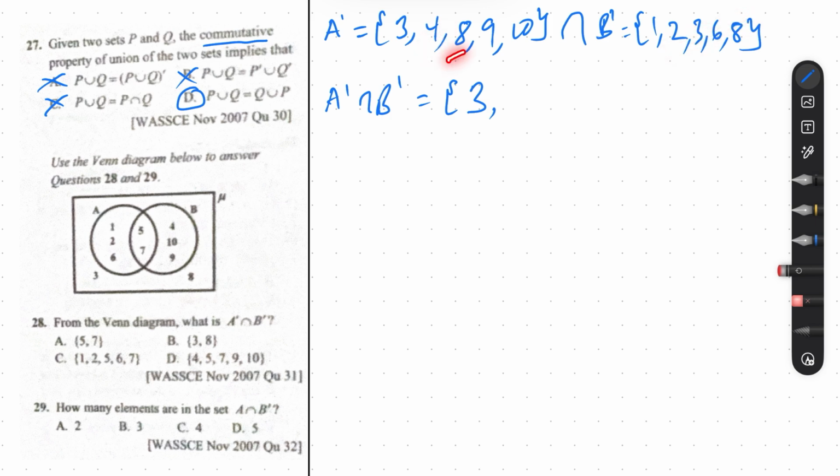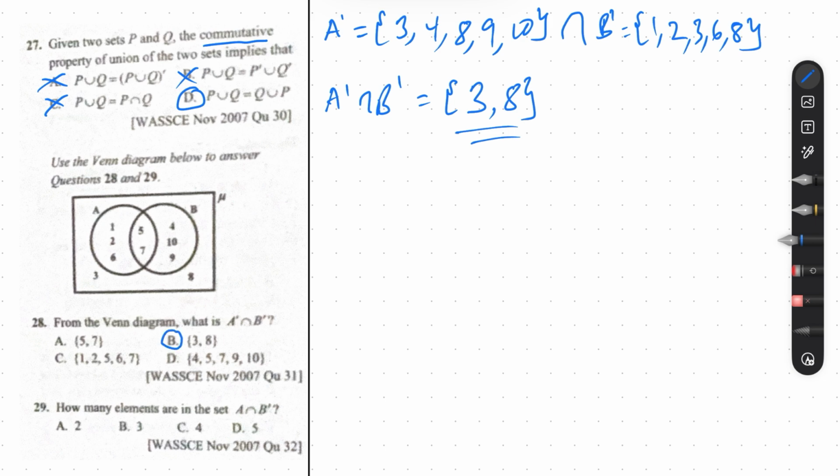We have 8 here and 8 here, so it goes. We have 9 here, 9 not here, 10 here, 10 not here. So that is our set: 3, 8. Do we have it? Oh yes, we have it, which is B.